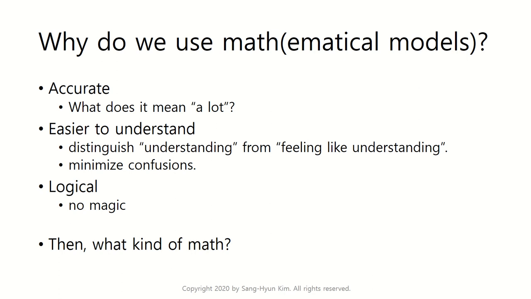So, for example, we use this term "a lot" a lot, but what does it mean? If I say the same thing 5 times, does that mean I say the same thing a lot, or 10 times, or 100 times? So by this term, "a lot", we can mean lots of different things.